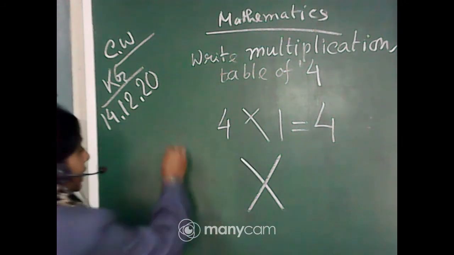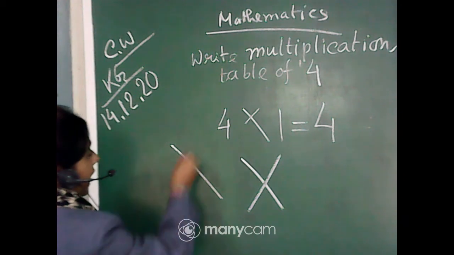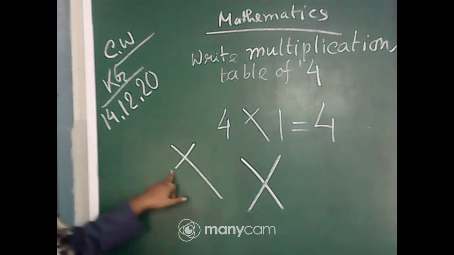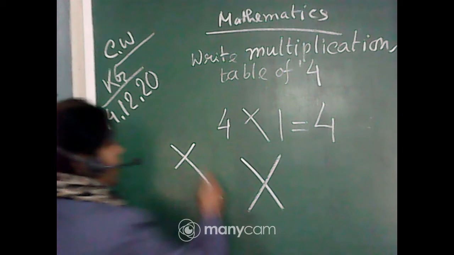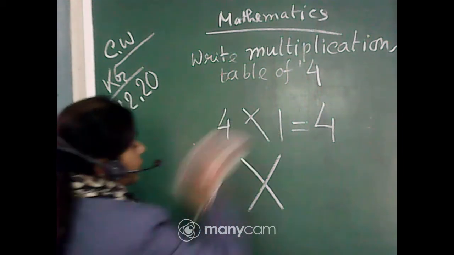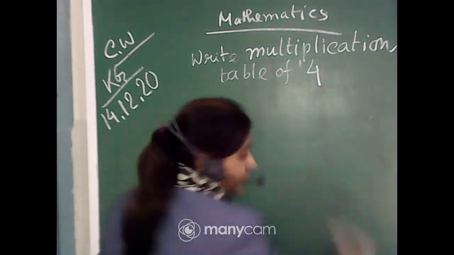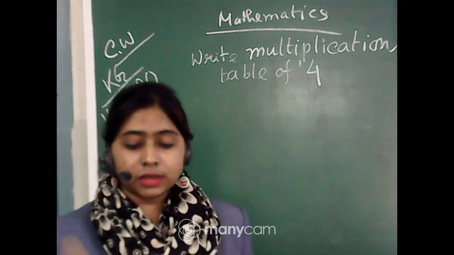One line I have drawn here like this, and one line I have drawn shortly, but it is not the sign of multiplication. Okay, the multiplication sign is like this, so it is not correct. My question was that. Thank you Anurag, and thank you Ashmita Bhavak.